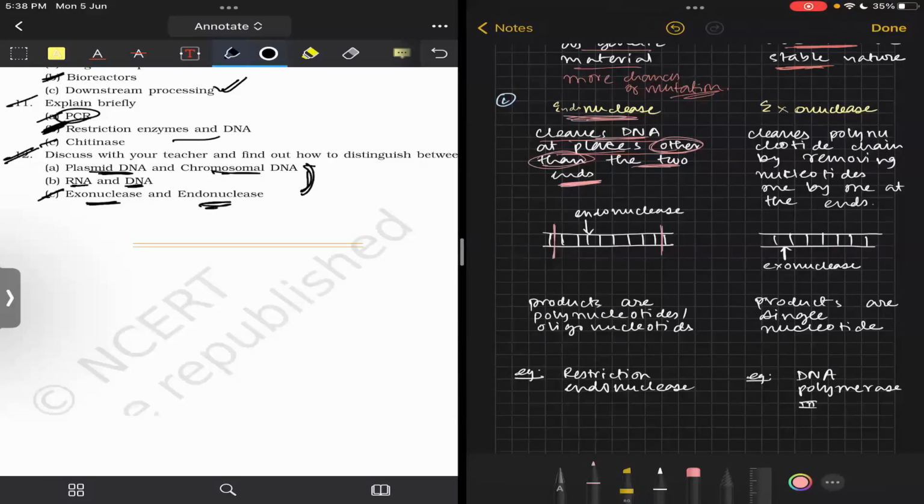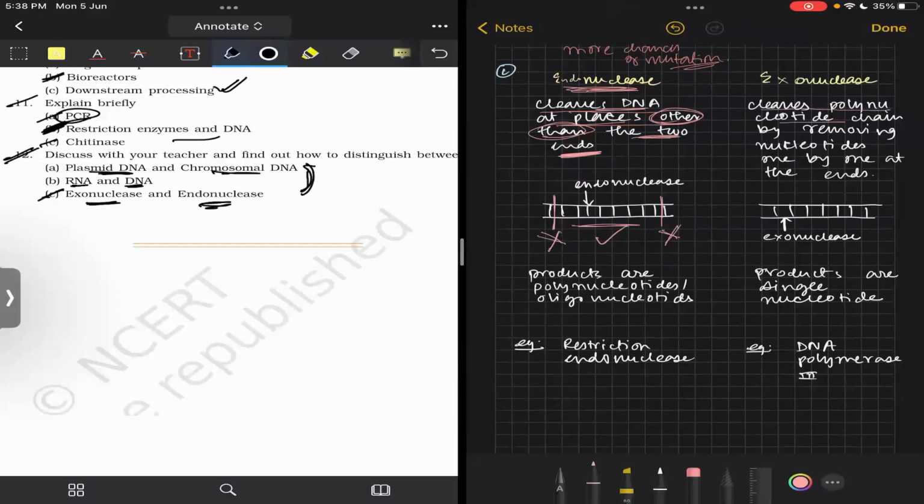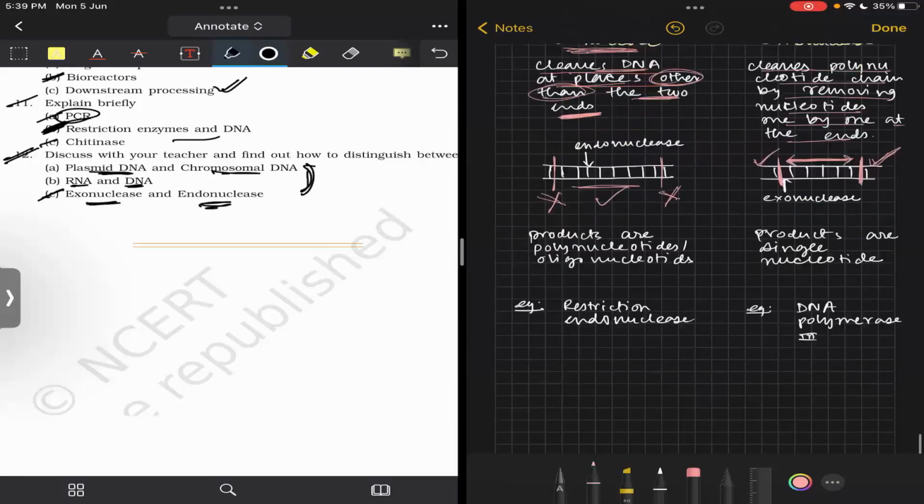An exonuclease cleaves the polynucleotide chain by removing nucleotides one by one at the ends. So this position and this position, these two are the acting sites of exonuclease, and this entire DNA is the acting site of endonuclease. As exonuclease acts at the end, the product of cleavage would be a single nucleotide.